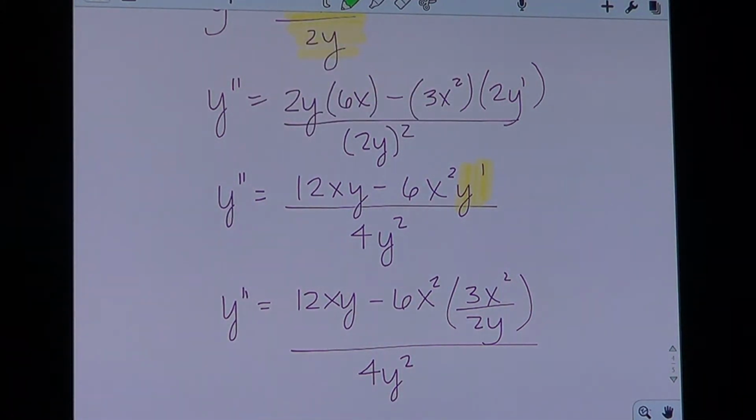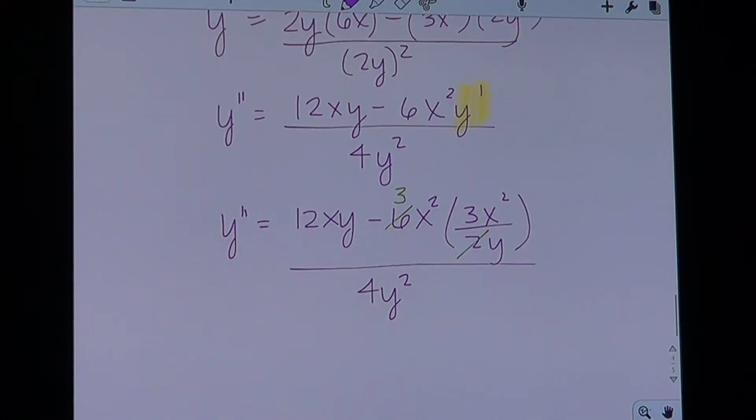So then you could simplify that a little bit. And then we want to move this y down to the denominator so we don't have a fraction in a fraction. Wait, yeah, we can't do that yet. So we've got to get a common denominator.